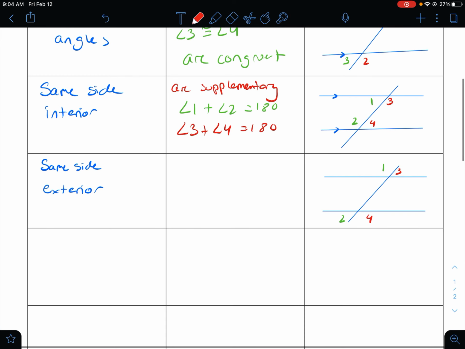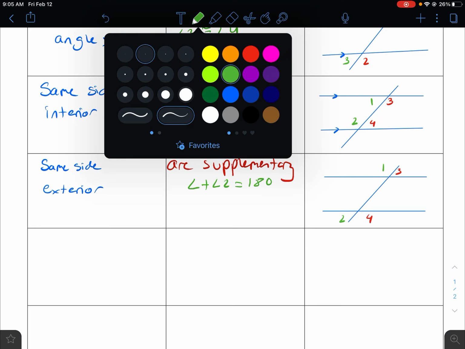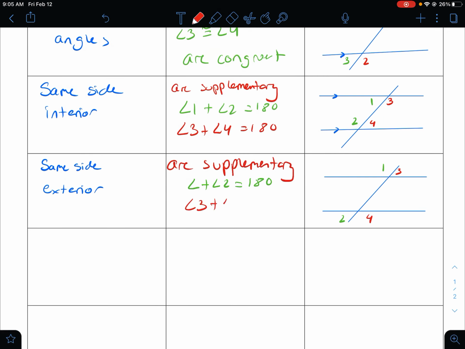Notice how those pairs of angles are on the same side, but now they're on the outside of those parallel lines, so they are exterior. And these have the same relationship. They are also supplementary. So 1 and 2 are supplementary. Angle 1 plus angle 2 equals 180, and angle 3 plus angle 4 equals 180.